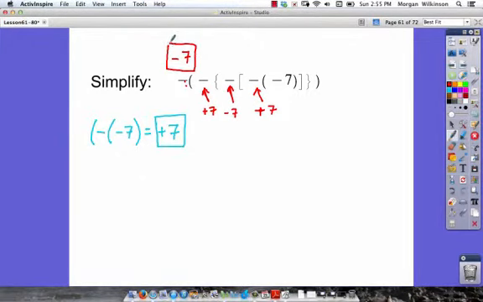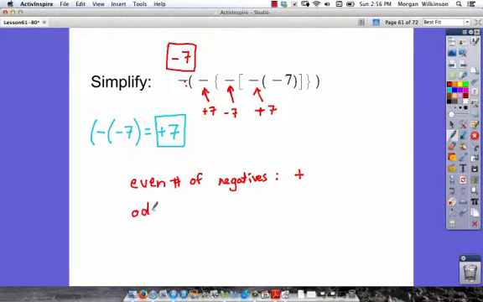These problems are tricky as we go through, but if we look at something, we can find a pattern. Here we have two negatives. It makes a positive. And here we have 1, 2, 3, 4, 5 negatives. That makes a negative. So whenever we have an even number of negatives all right next to each other, that must give us a positive answer.